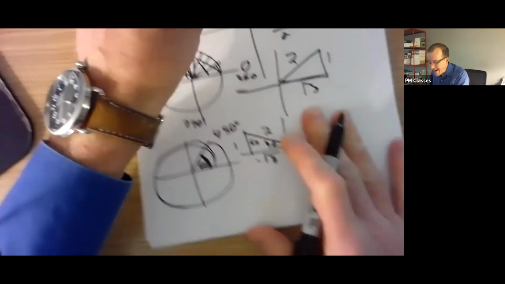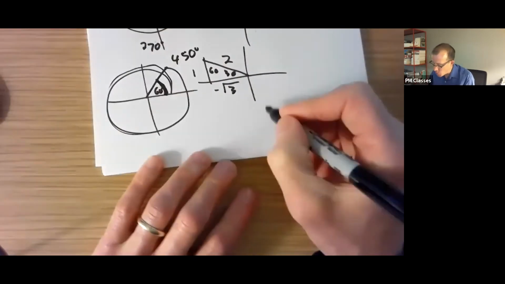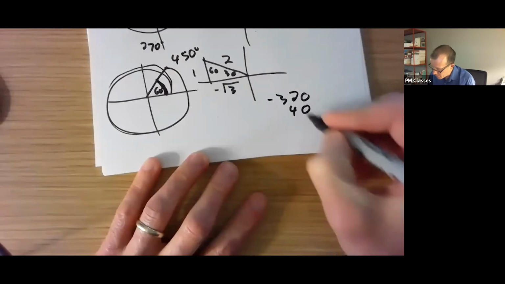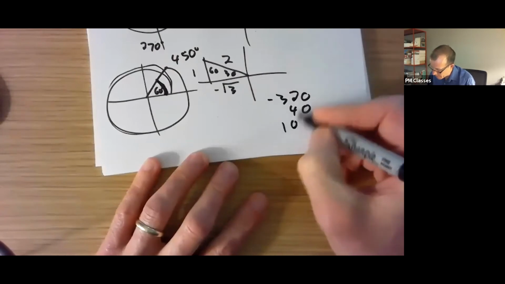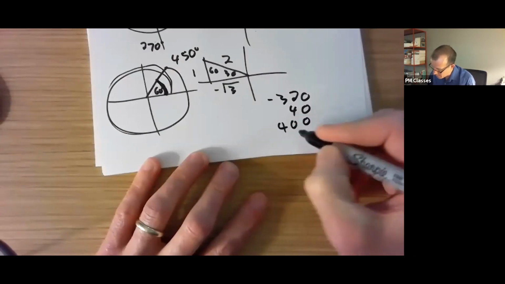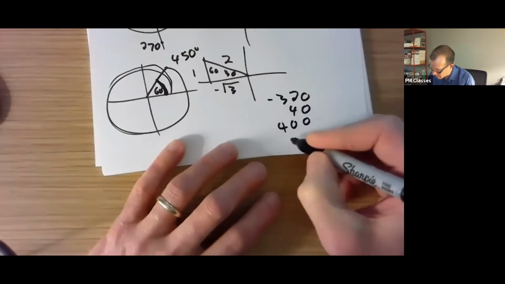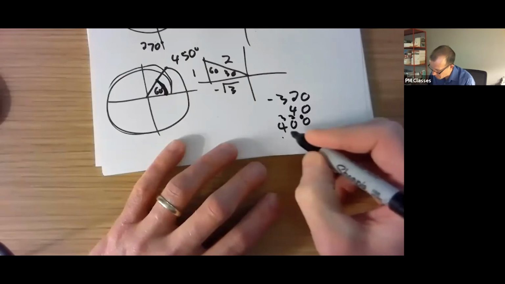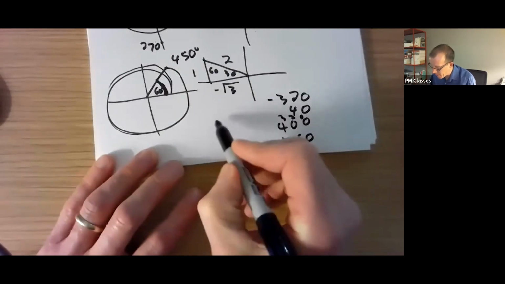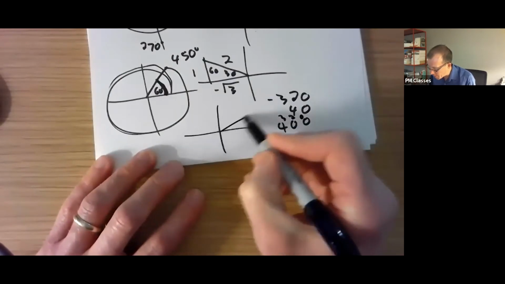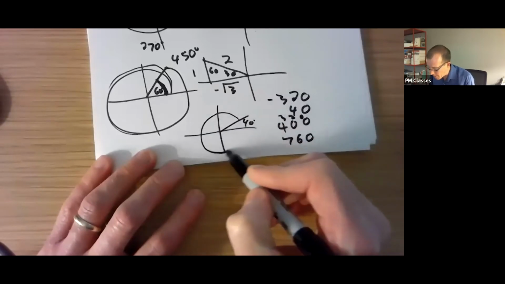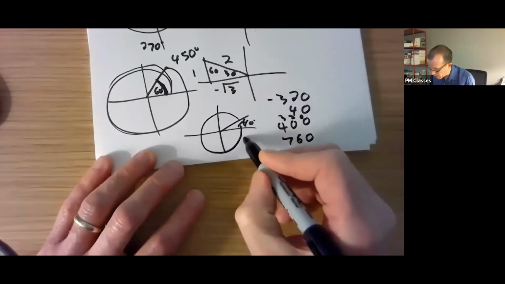So a problem that the ACT especially loves is which of the following angles are not the same. Squeeze it in there. 320, 760, something like that. So if I had an angle of 40 degrees and I made a full revolution, came all the way around again, 40 plus 360 would be 400.